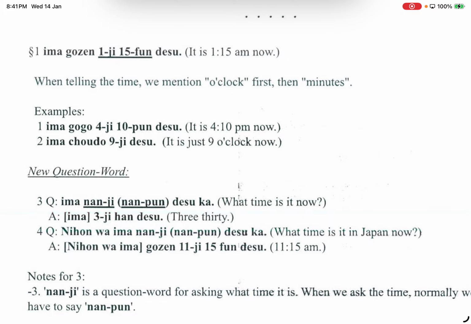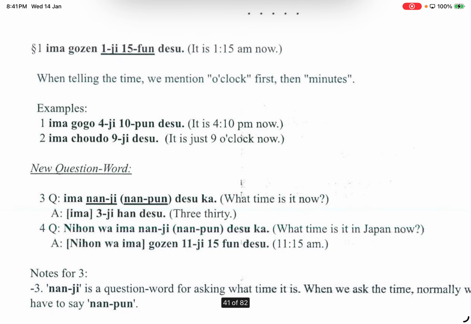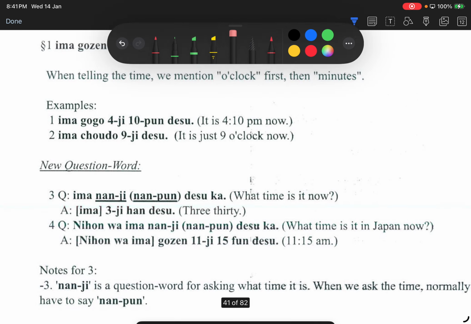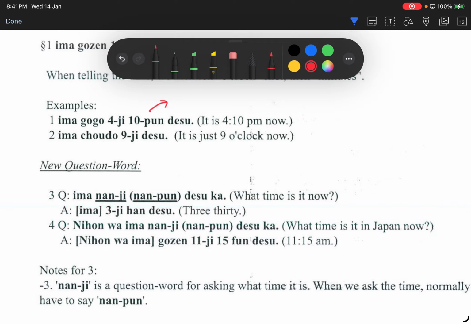Jyuppun. I say this first because later in the homework you'll be asked to write it out. Jyuu, because ju is a long sound, so we have double U. Then we have double P, PPUN. So double U, double P.